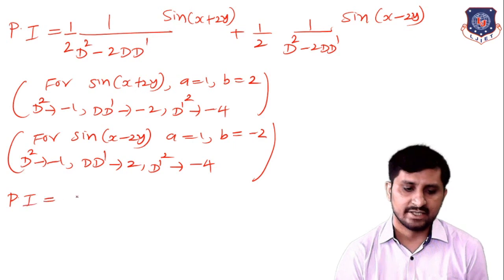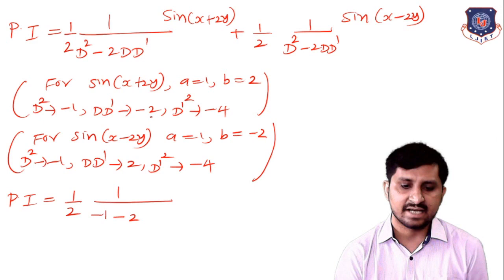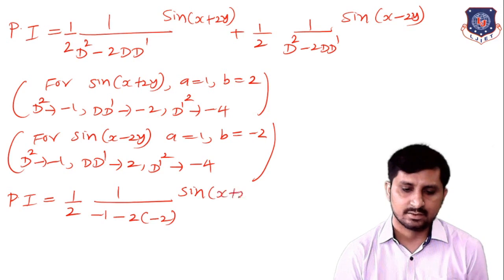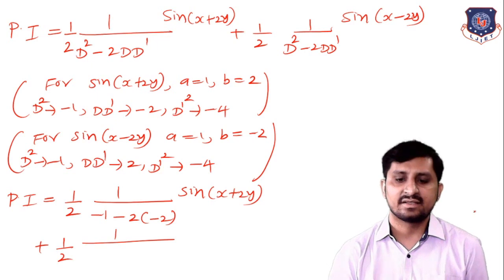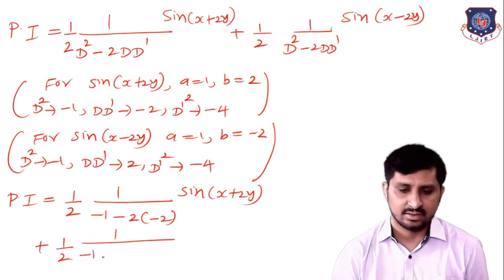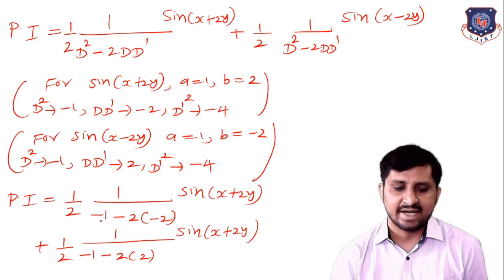So the particular integral is now 1 by 2, 1 upon, instead of D square I take minus 1, so minus 1, minus 2 into D into D dash, instead of which I take minus 2, so minus 2 into minus 2, sin(x plus 2y), plus 1 by 2, 1 upon minus 1, minus 2 into 2, sin(x minus 2y).